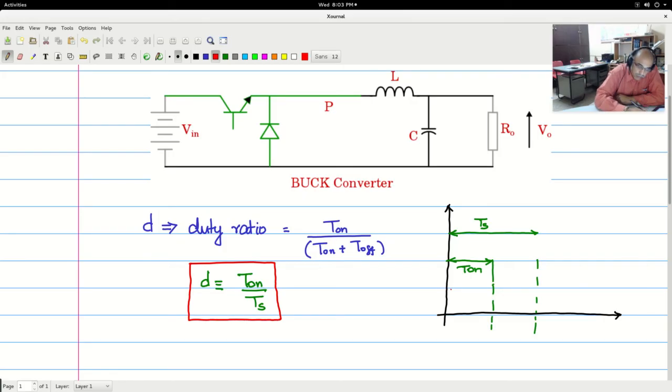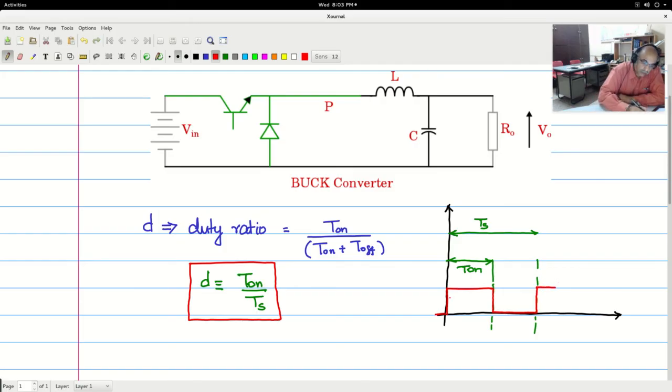Now during the period T on, let us say we have a signal which goes high during the period T on, and during the period T off it is low, and again during the period T on it is high.